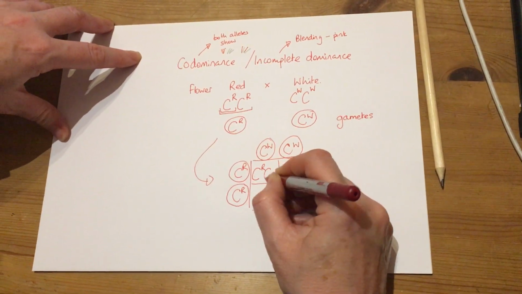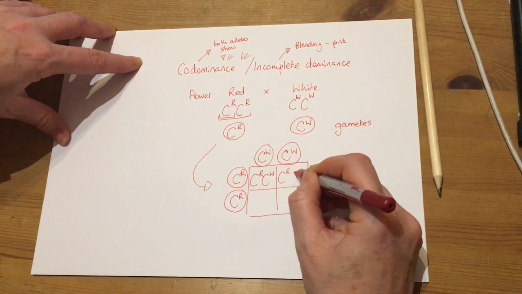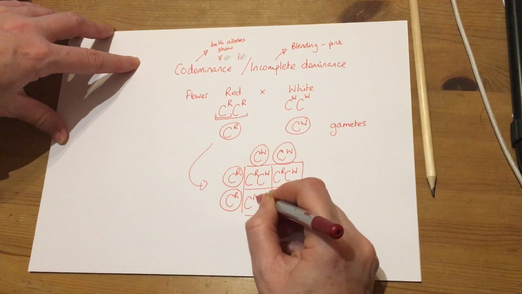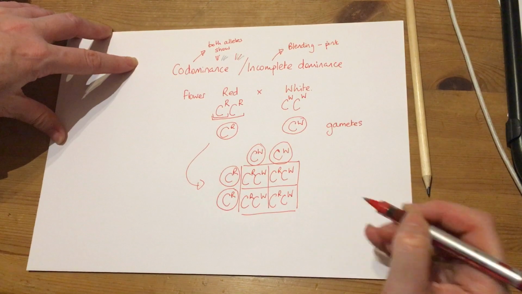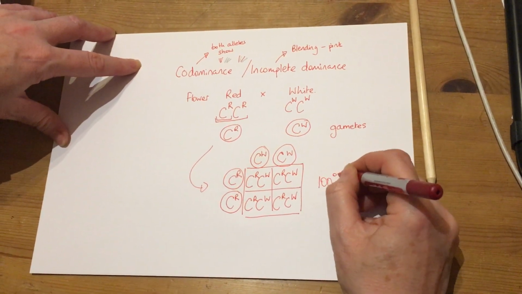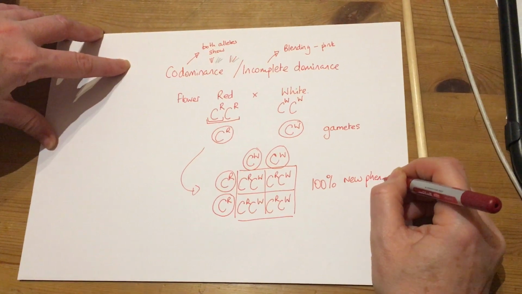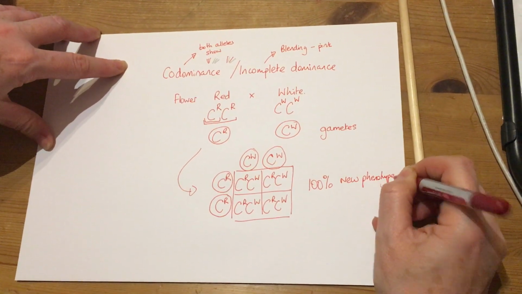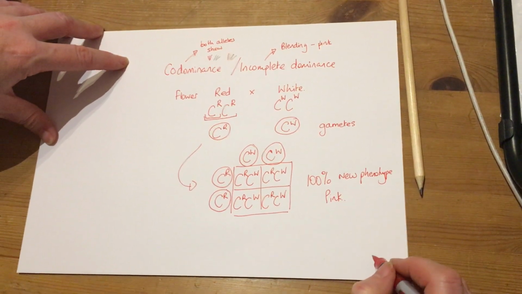The red allele and the white allele, and that will be the same for all the boxes. So all 100% a new phenotype that we did not have before, which is pink. All of them are the same.